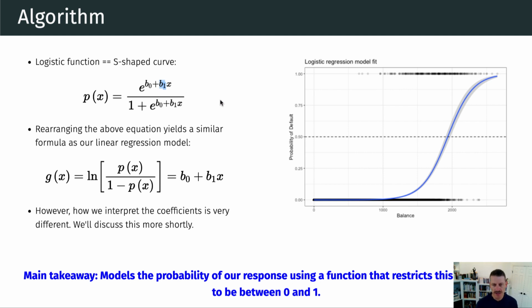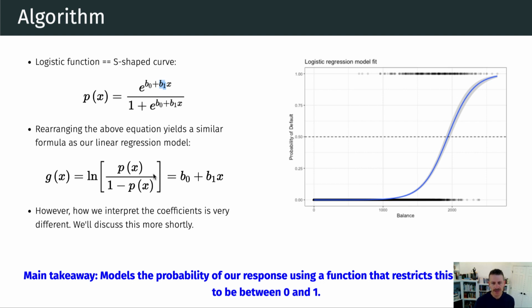The algorithm is a little bit more complex than what we saw before with linear regression. But the benefit of this equation is that it creates this S-shaped curve where we constrain our response values between 0 and 1, the probability of the event occurring or not occurring.